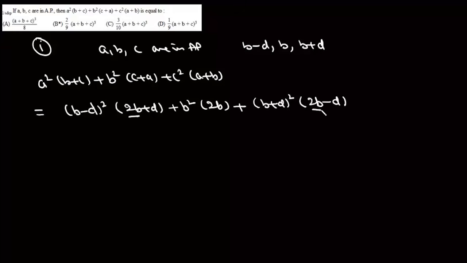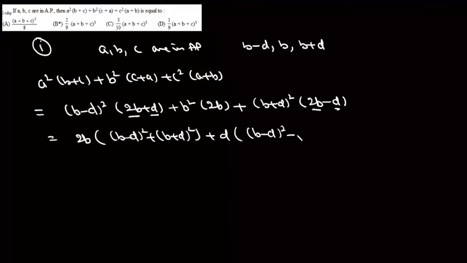Now we'll take 2B terms together. So it will be 2B and this is (B minus d) square plus (B plus d) square. We'll take terms of d together. So it will be d and it will be (B minus d) square minus (B plus d) square, and then it will be twice B cube.